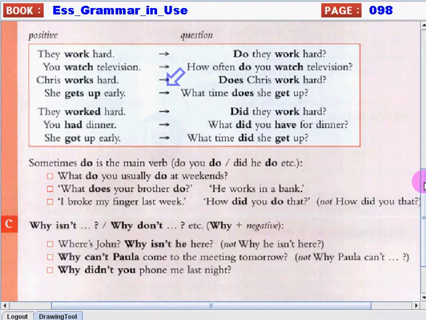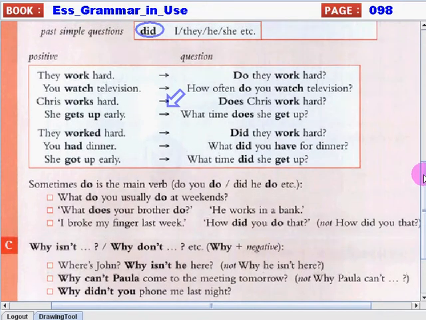Alright? Now, let's talk about positive and negative questions here. These are positive forms of sentences, and these are questions. They work hard. Do they work hard? Next, you watch television.